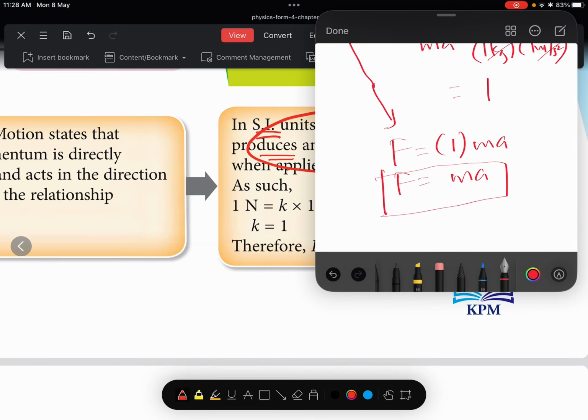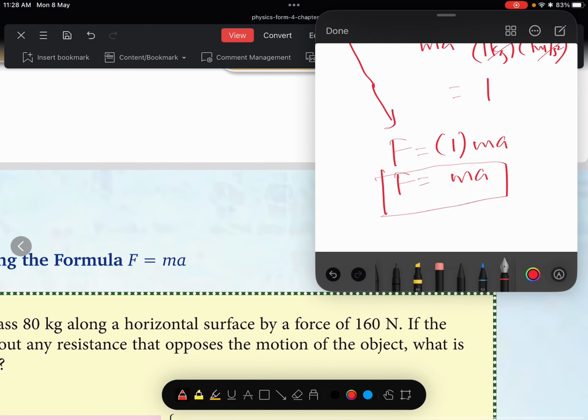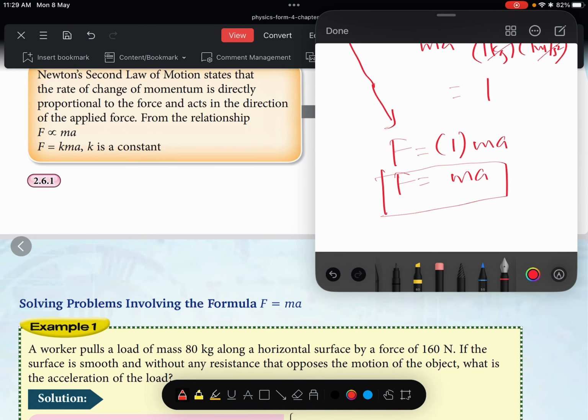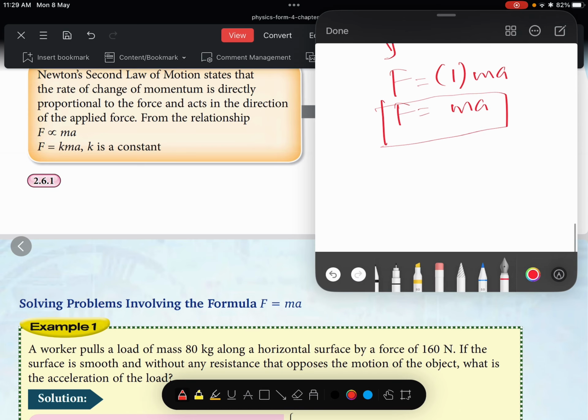Now let us try to solve this example. A worker pulls a load of mass 80 kg along a horizontal surface by a force of 160 Newton. If the surface is smooth without any resistance that opposes the motion of the object, what is the acceleration of the load? You can simply apply the formula and write down all the information you have.